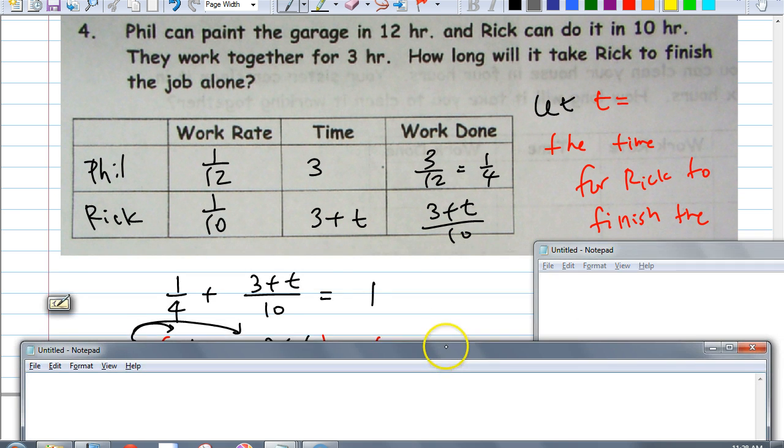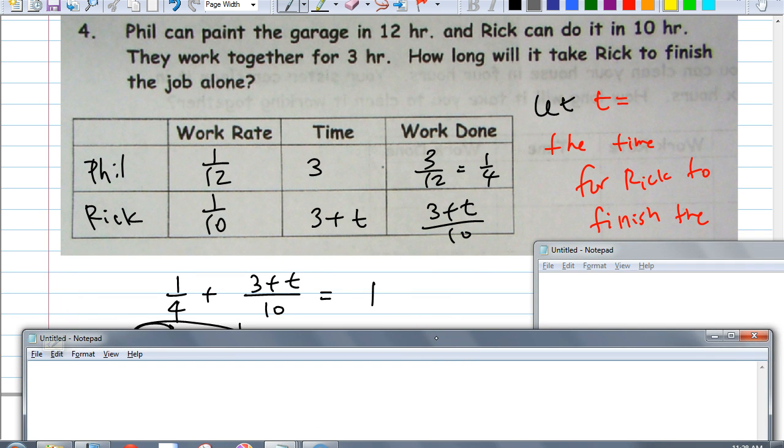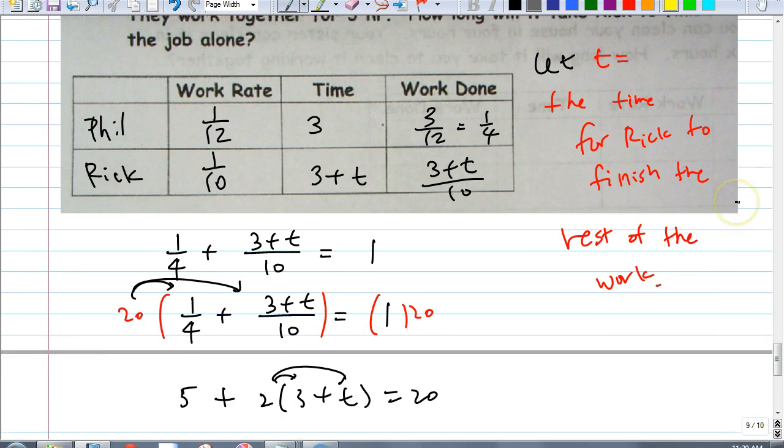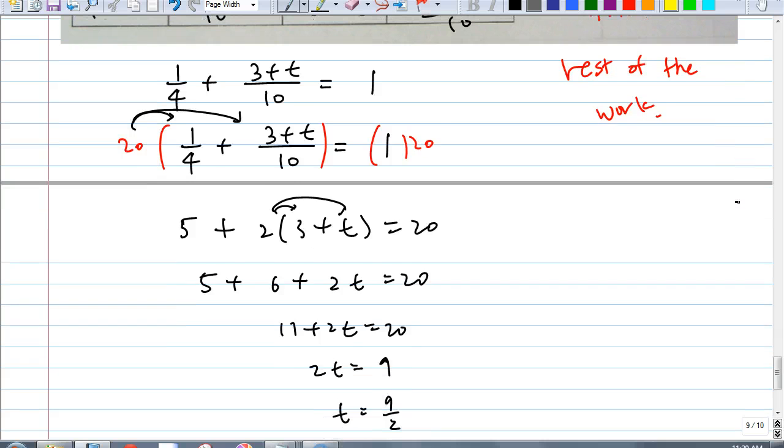So, now the equation is this. When you add them together, it should equal 1. Correct? When you solve, guys, what do we get? Go ahead, everybody try. How many people got 9/2?